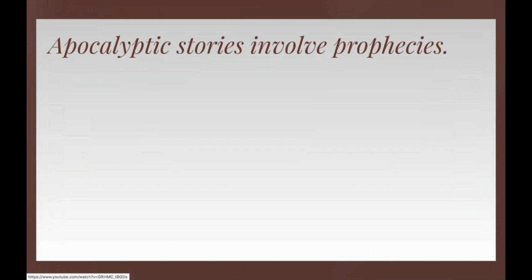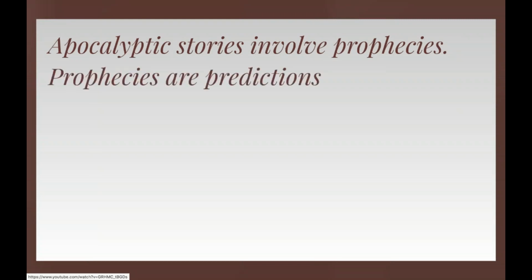And it's helpful to, and I'll note I'm also the grandson of a preacher, and the son of a librarian who was very interested in religious literacy. So I'm not a religious specialist, but I know more about this than the average American, I think. So apocalyptic stories involve prophecies, and prophecies are predictions.